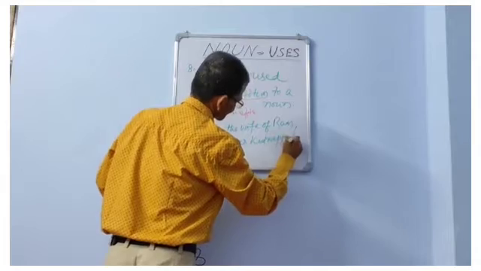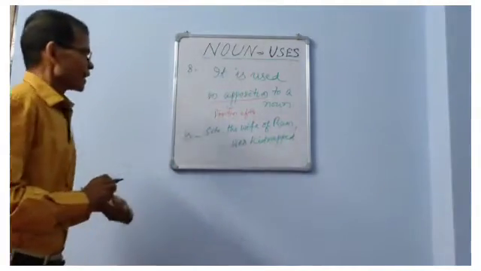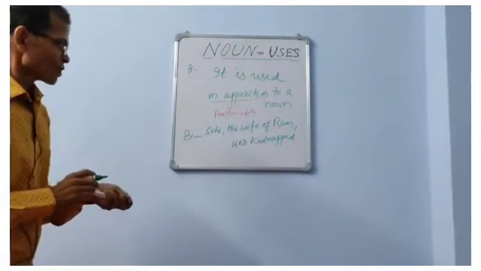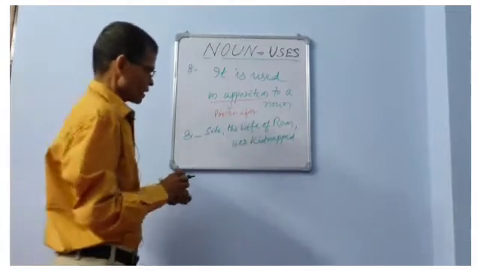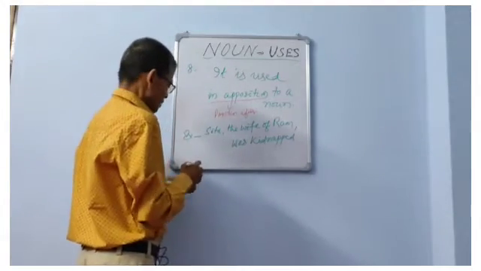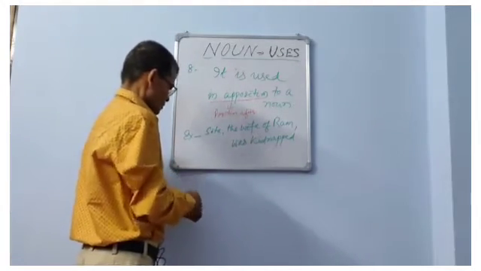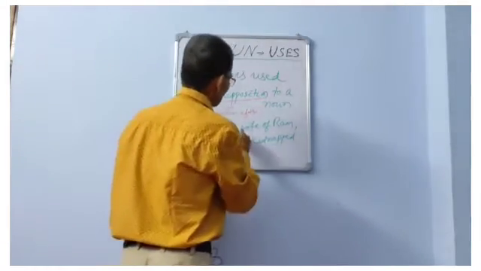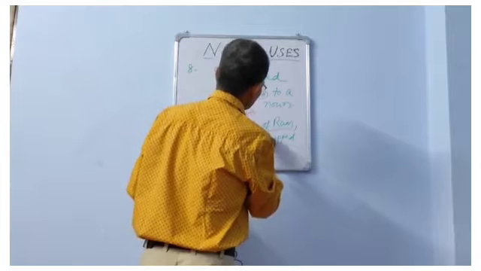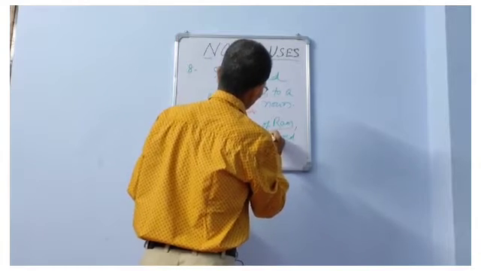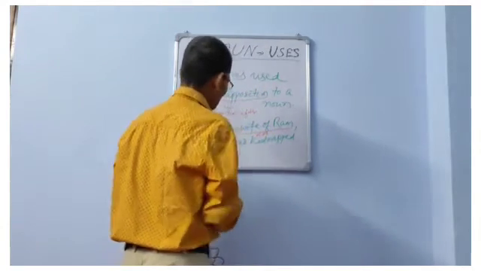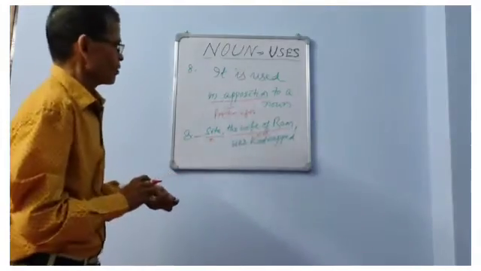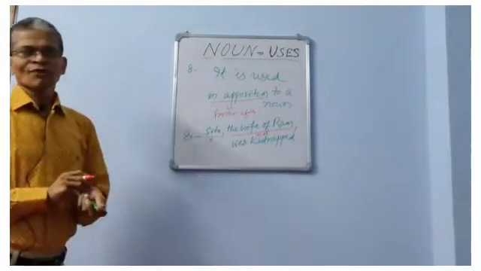Okay, Sita, the wife of Rama, was kidnapped. Now you see, Sita is a noun, and the wife of Rama is a noun phrase.